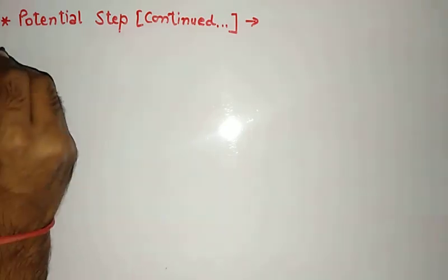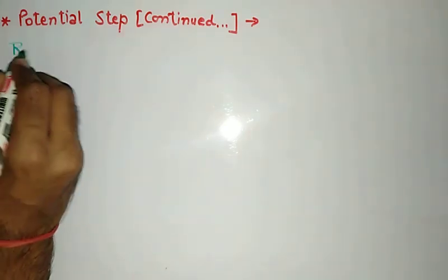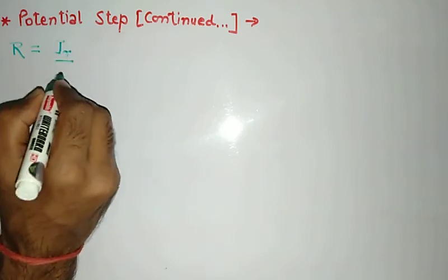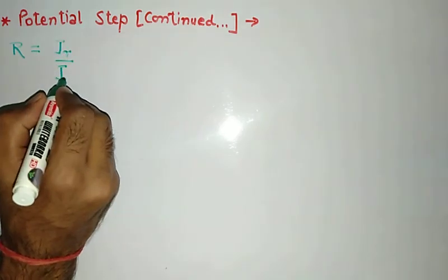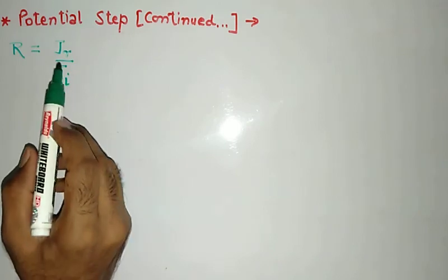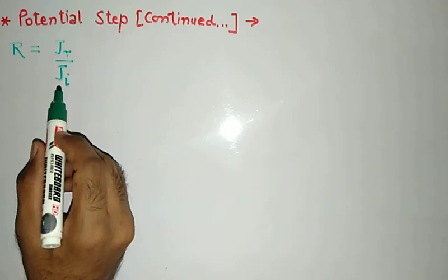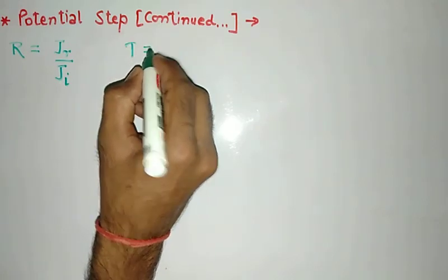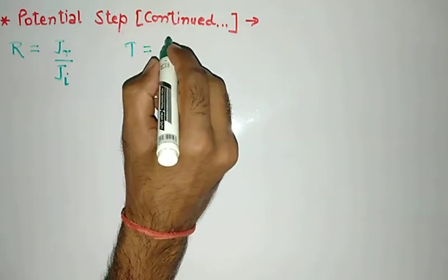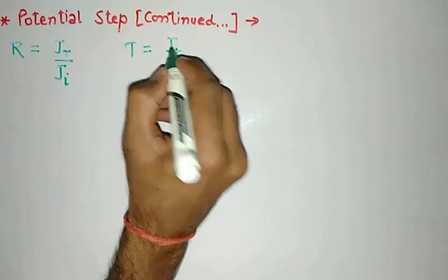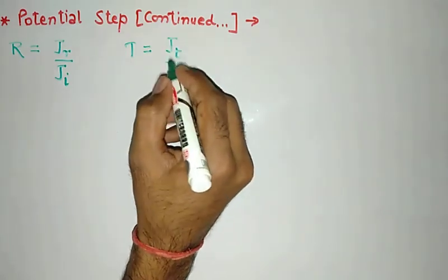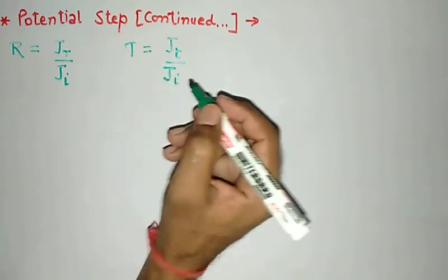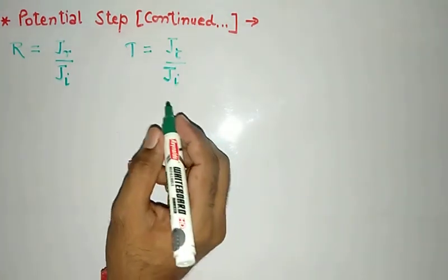Reflectance, as we have read, is JR by JI, reflected current density over incident current density, and for transmittance this is the transmitted current density by the incident wave current density.